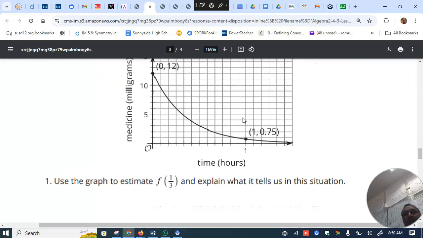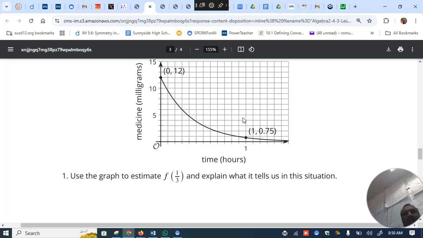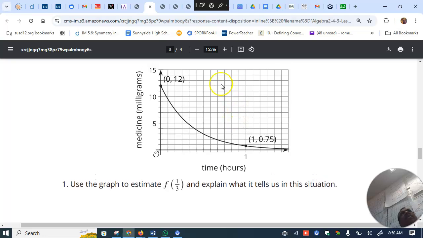So I'm going to make it a little bigger to understand this. And by just looking at it, look at this. In the beginning, what amount of medicine was given in the beginning? So if you see this, in the beginning, the medicine that was given is 12, right?